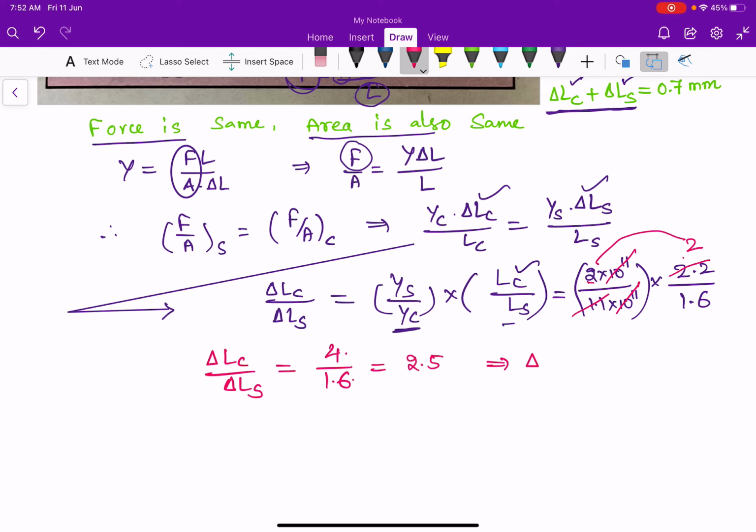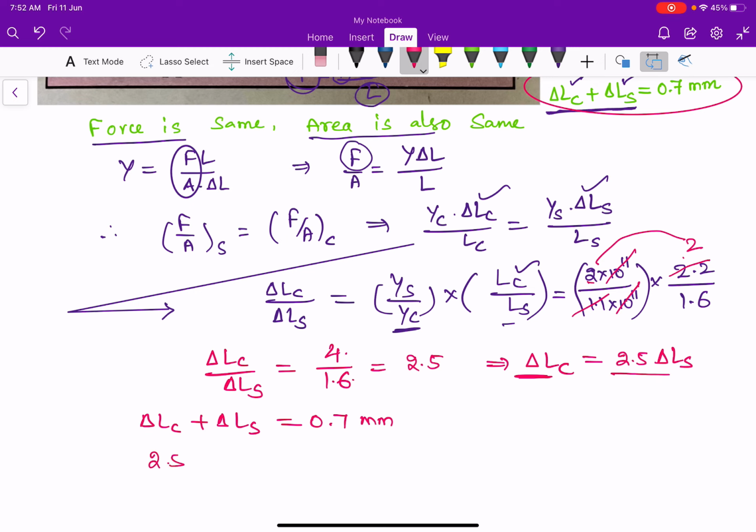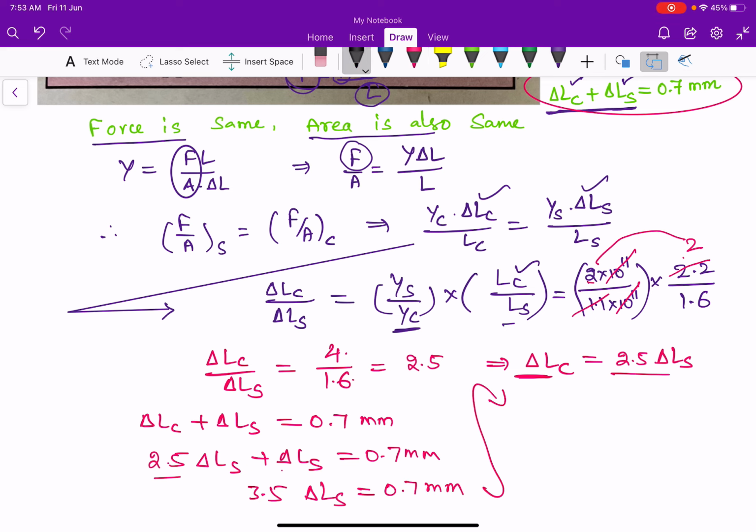So here ΔLC is equal to 2.5 ΔLS. From the equation ΔLC plus ΔLS is equal to 0.7 mm, ΔLC can be written as 2.5 ΔLS plus ΔLS is equal to 0.7 mm. 2.5 plus 1 is 3.5, so 3.5 ΔLS is equal to 0.7 mm. So ΔLS is equal to 0.7 mm by 3.5.